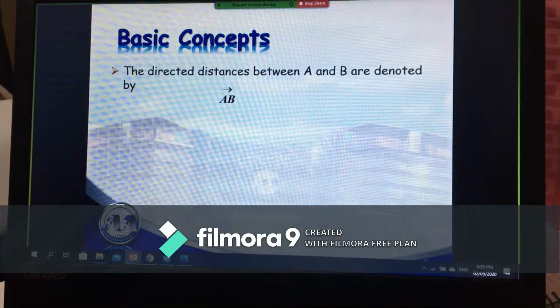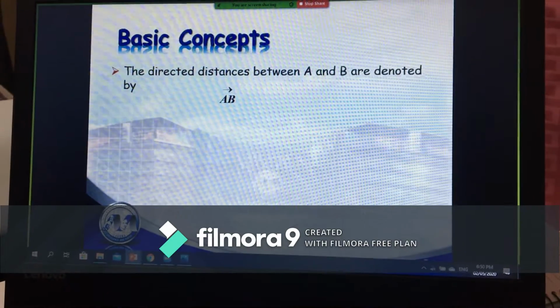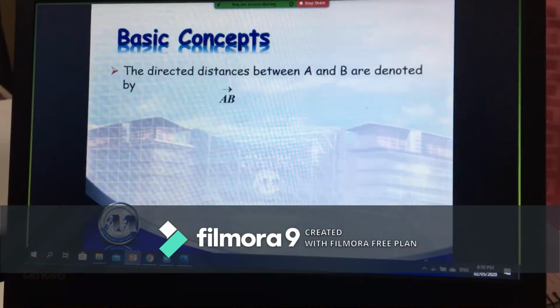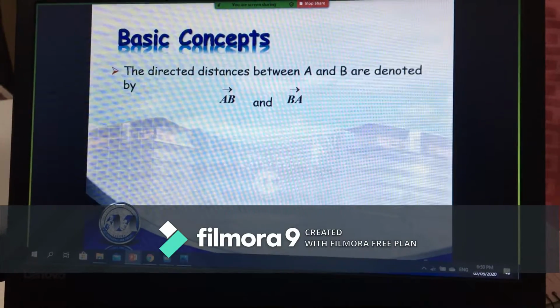Like for example this one. So the directed distance from A to B is denoted by AB, with an arrow above the letters A and B. And B to A is denoted by BA, with an arrow above.